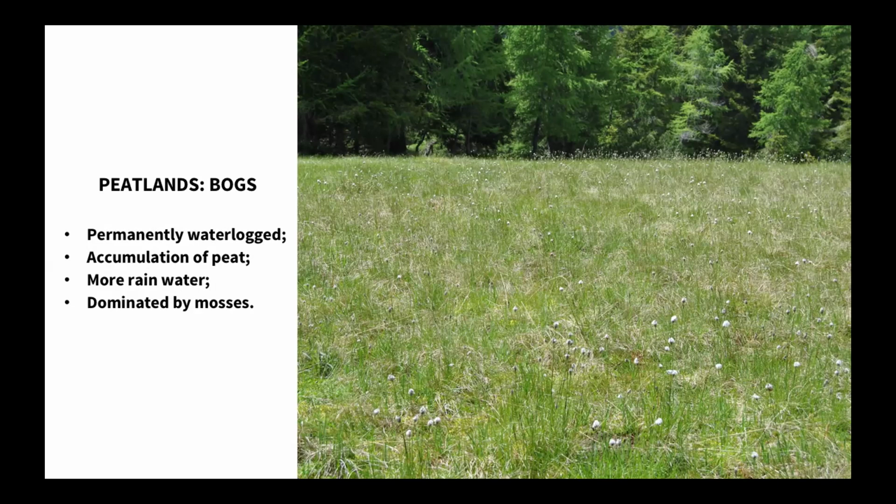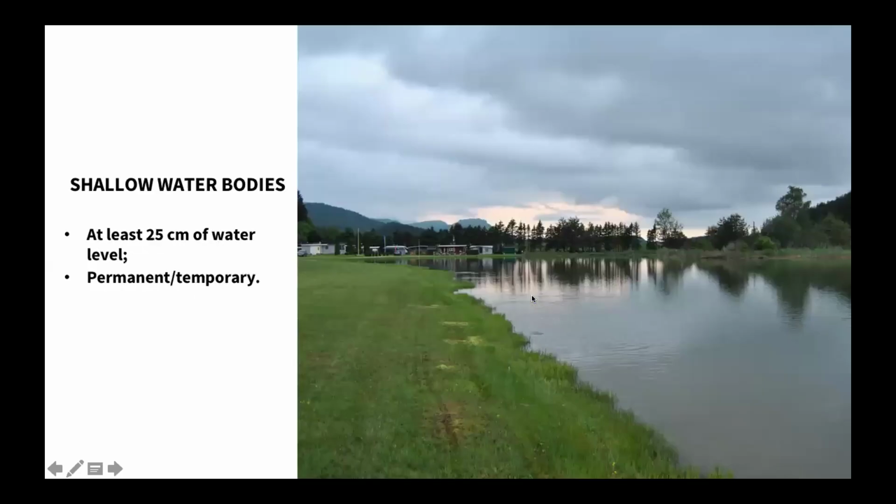These environments tend to be dominated by mosses called sphagnum mosses. It's a genus of mosses that tend to build these small hammocks that you see on the bog area, and they tend to be reddish. We're going to see a bit more later, and obviously it's a peatland too, so it's permanently waterlogged. There is accumulation of peat, but the main group of species is mosses. Anyway, you can see that something else can grow on these mosses.